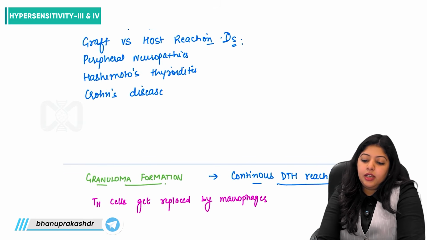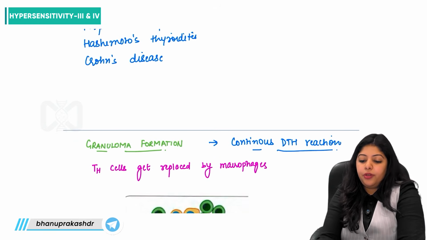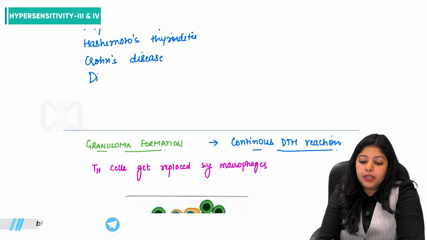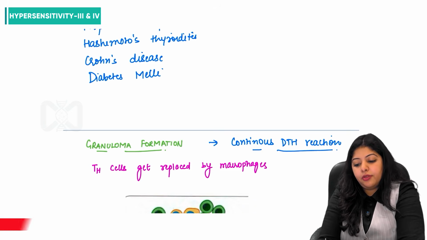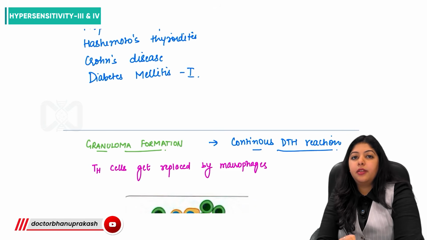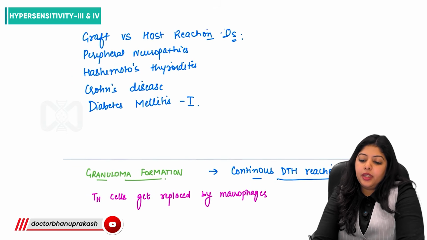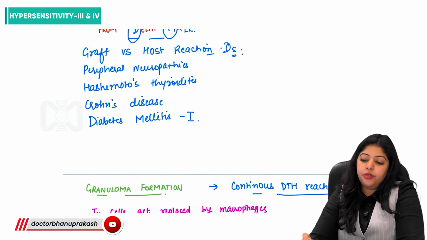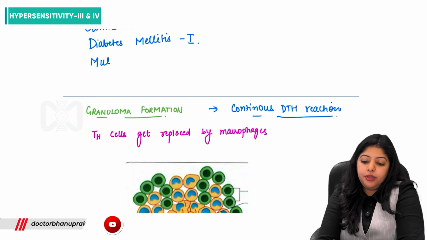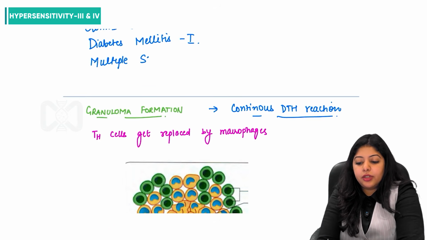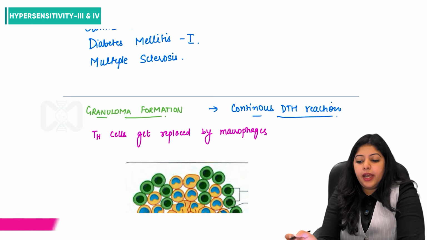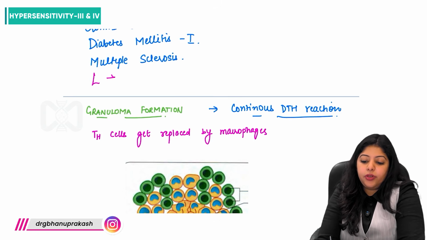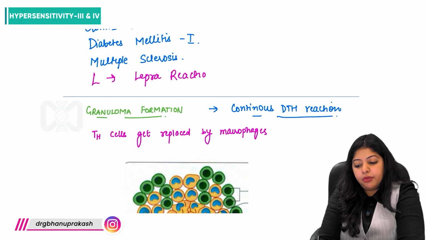Right? D stands for diabetes mellitus type 1, right? And M stands for multiple sclerosis, and L stands for lepra reaction type 1.